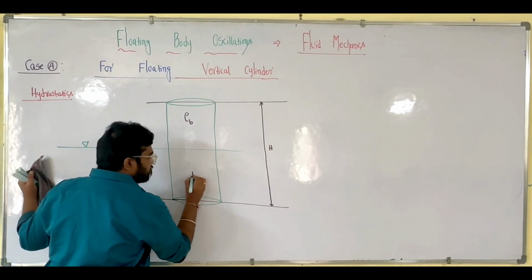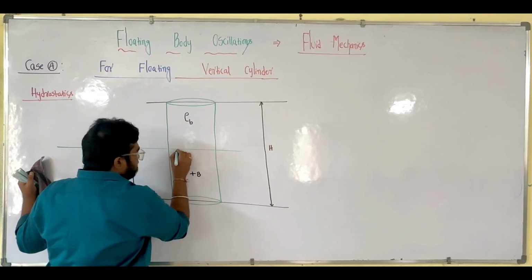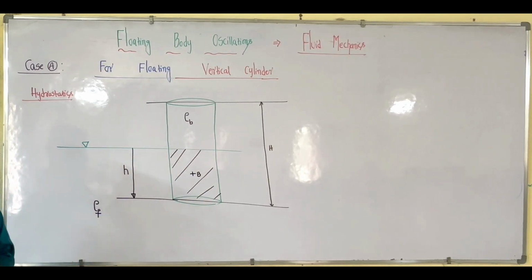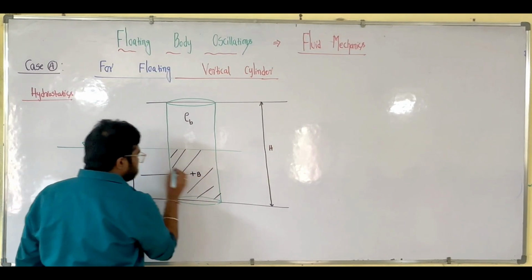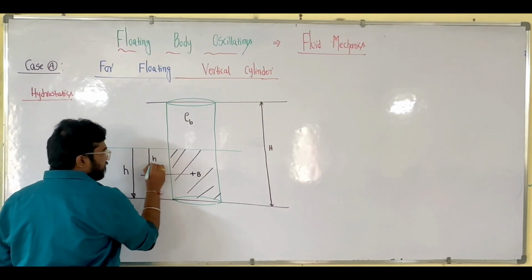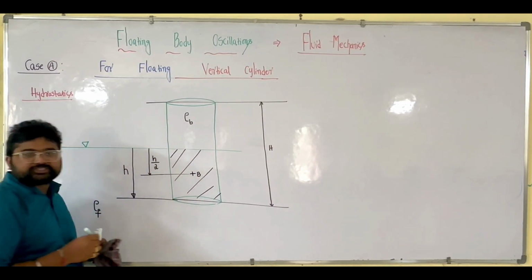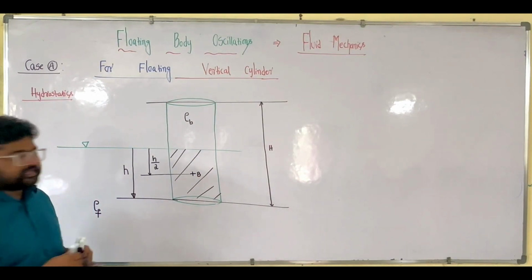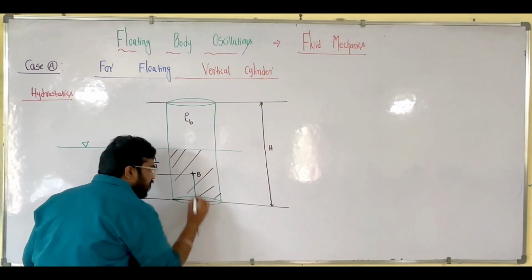Center of buoyancy is the centroid of the displaced portion. From here to here, how much? H by 2. Buoyant force always acts at the center of buoyancy, vertically upward.